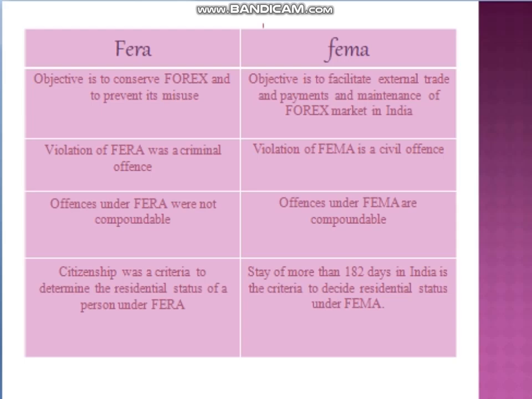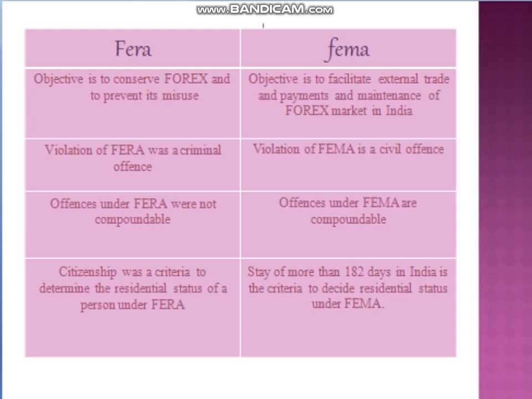And the objective of FEMA is to facilitate external trade and payment and the maintenance of the foreign exchange market in India. Violation of FERA is considered a criminal offense, and violation of FEMA is a civil offense.